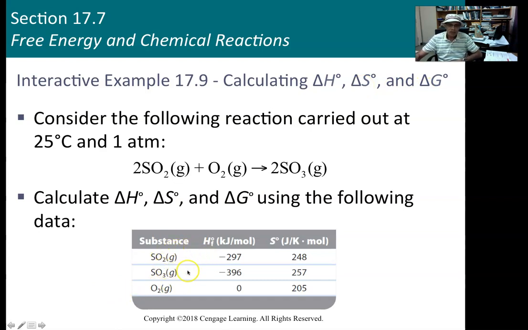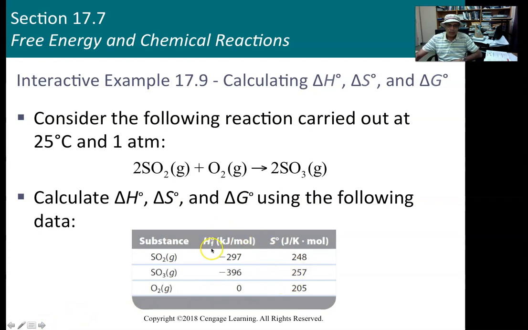These are the data that are supplied in the literature and also given for this question. The reaction is sulfur dioxide combining with oxygen to give sulfur trioxide. The mole ratio is 2 to 1 to 2, and they're all in the gaseous state. These are the values that you obtain from the literature.